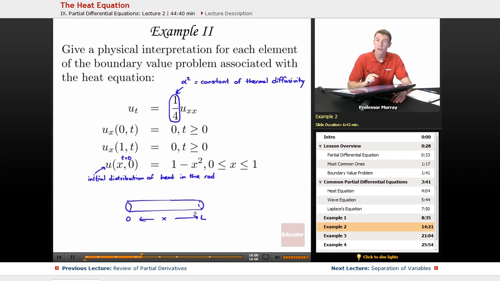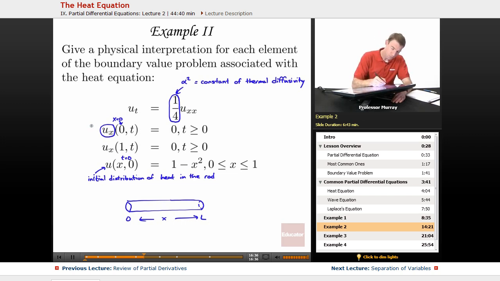And then here's the new element for this problem. Instead of u of 0,t, we have u sub x of 0,t. So how is that different? Well, if u sub x of 0,t is 0, it means we've plugged in x equals 0, so we're looking at the left end of the rod, and if u sub x is equal to 0, that means the rate of change in the x direction is 0, which means there's no change in the x direction.